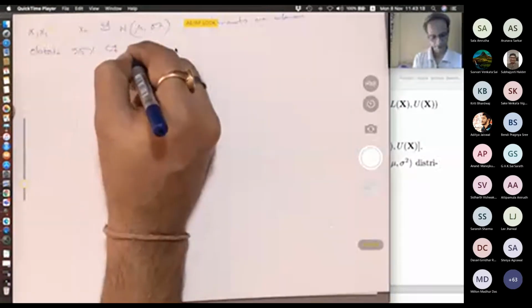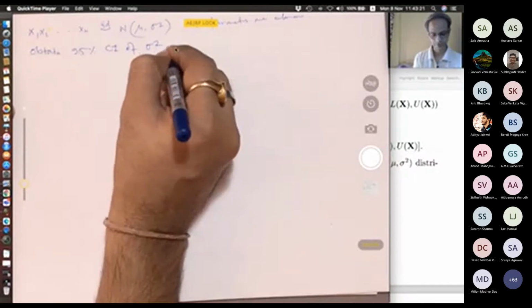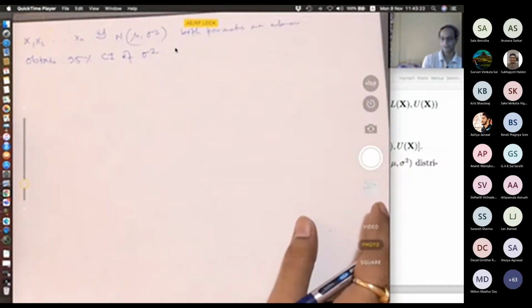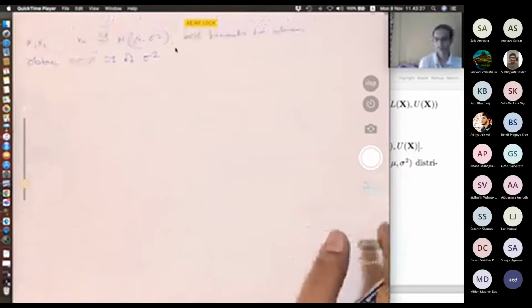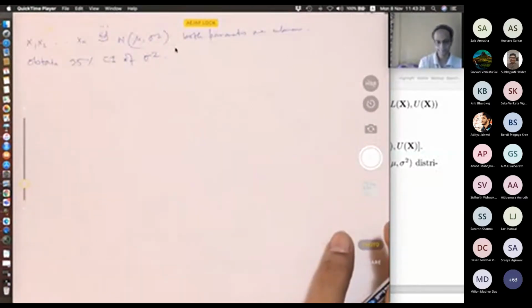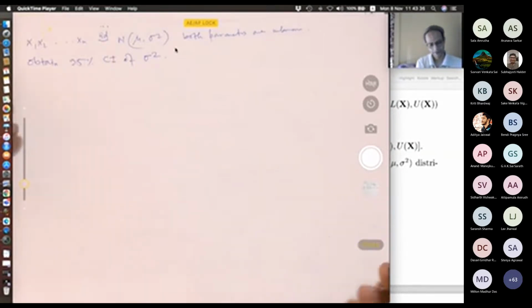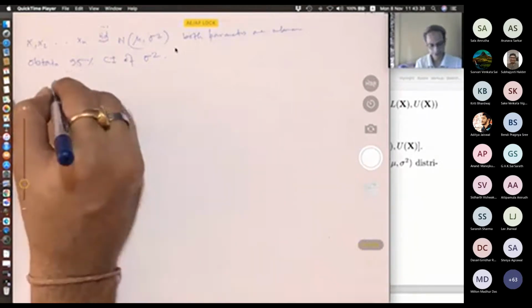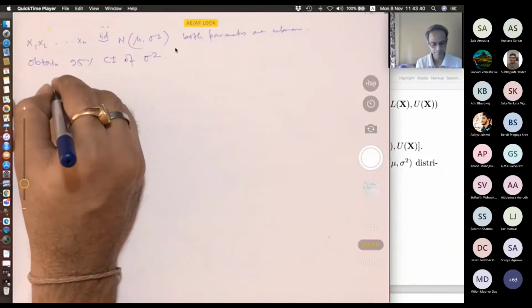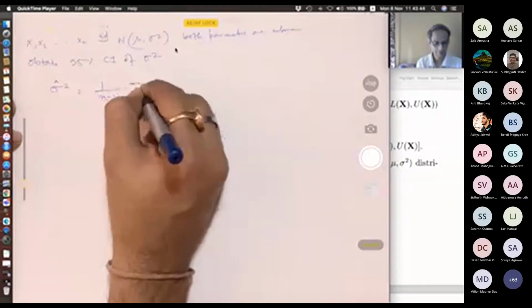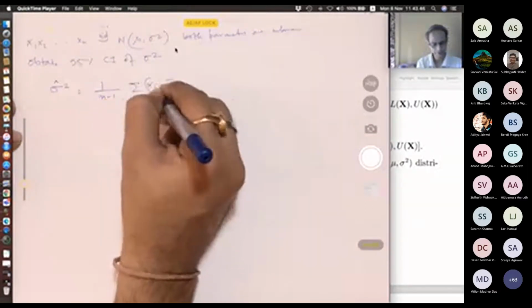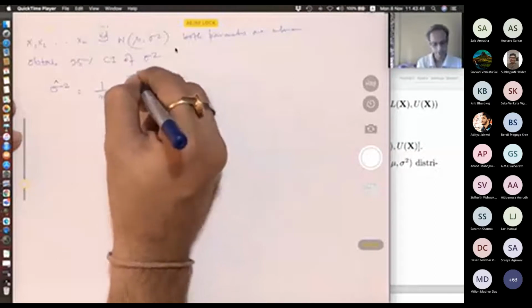A 95% CI of sigma square. Now the problem is a little bit different because we have to estimate sigma square, and the distribution that we will get is not symmetric. Not at all a problem. Sigma square hat, you know, is 1 by n minus 1 sum over xi minus x bar whole square, i running from 1 to n.